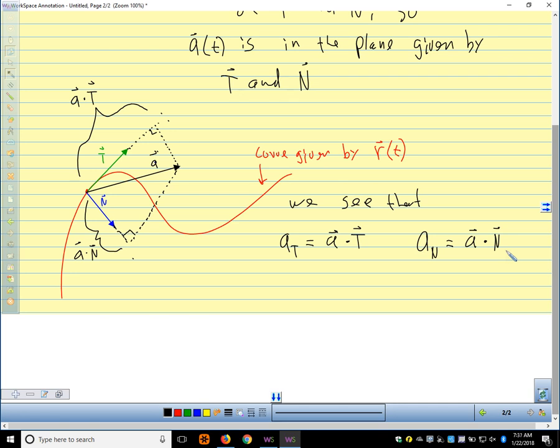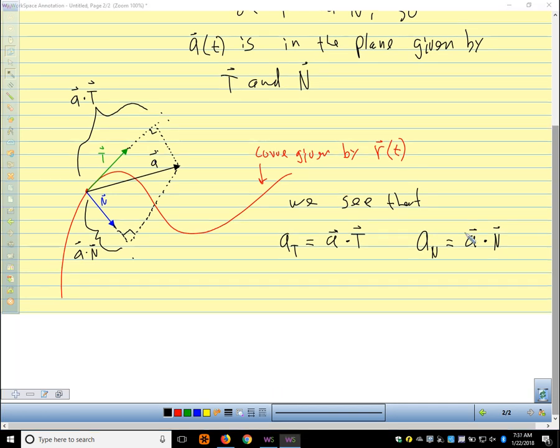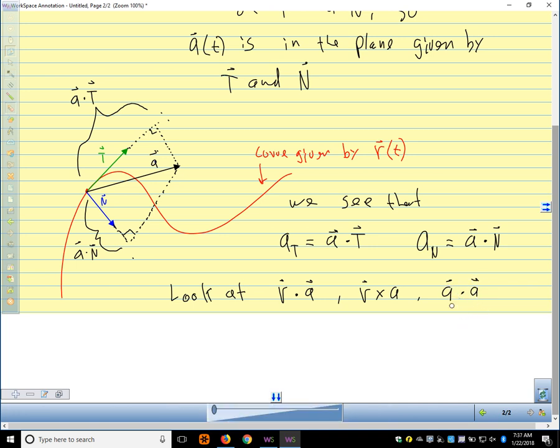We want to be able to use our curve and the derivatives, our position vector and the derivatives of that. So what we're going to do is look at v dot a, v cross a, and a dot a to see what kinds of quantities those give us.